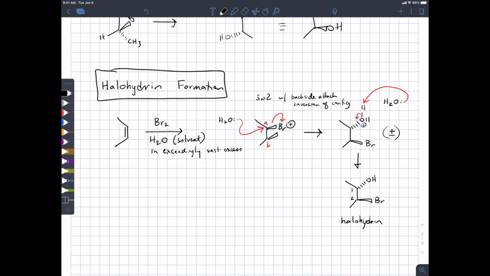And notice that the stereochemical outcome is exactly the same. You get anti-addition of Br and OH across the original double bond. Okay, other questions you want to ask here?